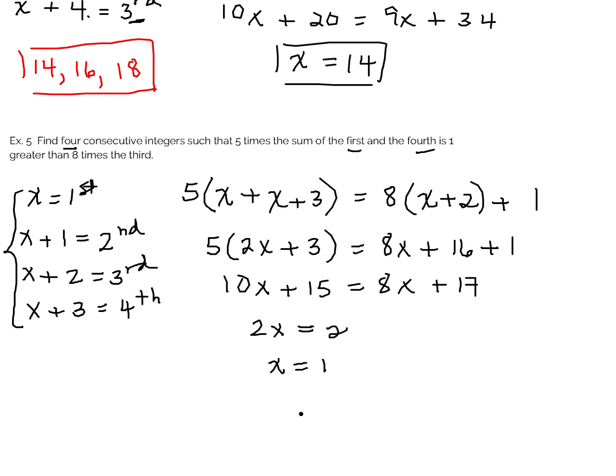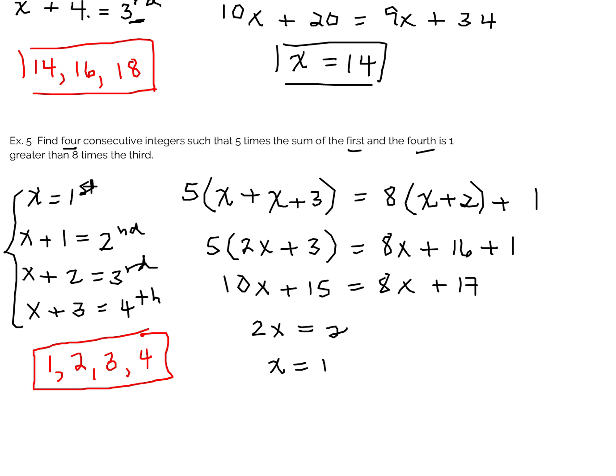So the first consecutive integer is 1, and we need 4 consecutive integers. We add 1 and get 2, add 1 and get 3, and add 1 and get 4. So your answers are 1, 2, 3, 4. That is it for the second half of lesson 6, and I'll have a video for 7 and 8 before you have to do them.